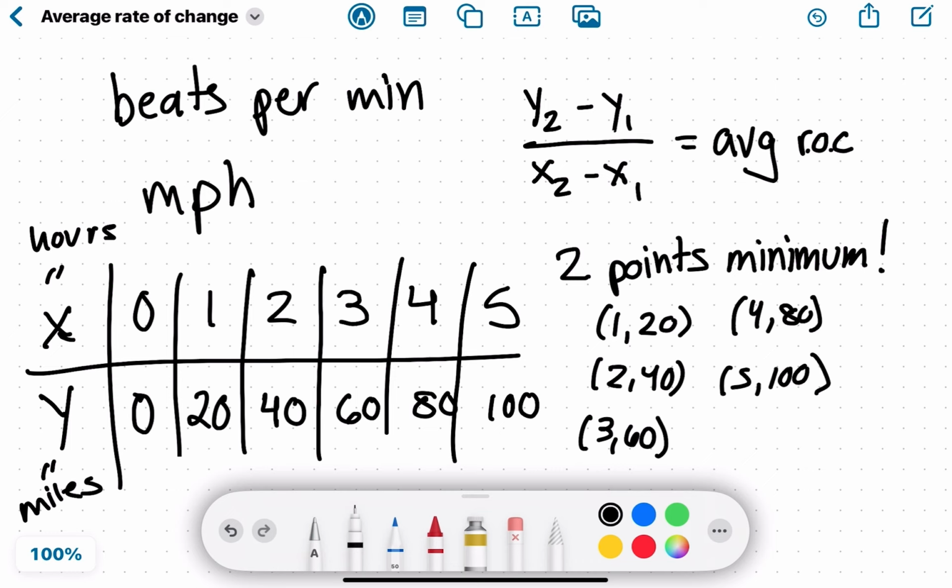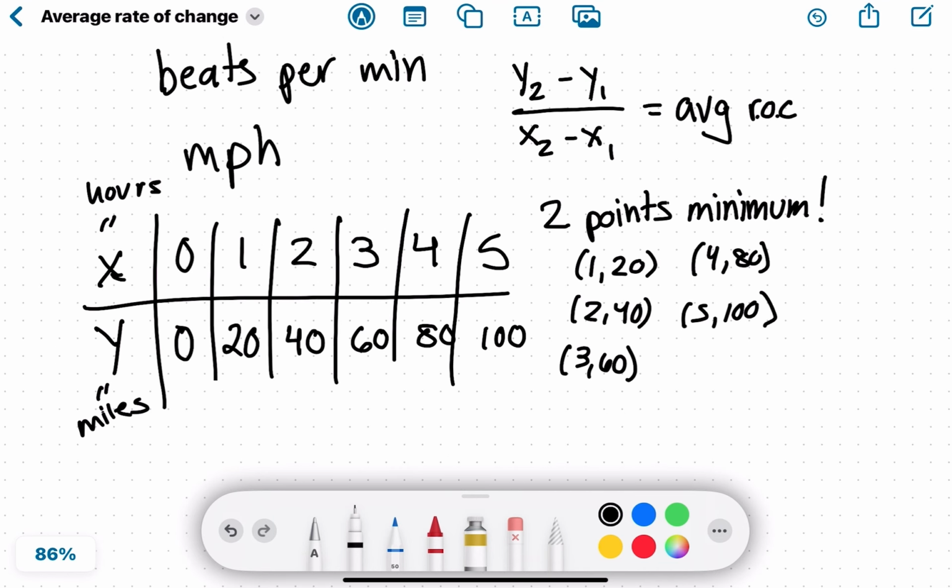To make it a little easier, or maybe it doesn't make it easier at all, but I find it might help a little bit. So you take these coordinate pairs, right? You could pick any two, literally any two. You just need 2 pairs in order to be able to use this equation.